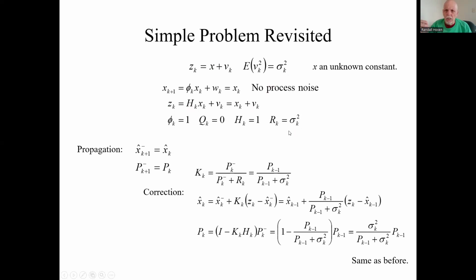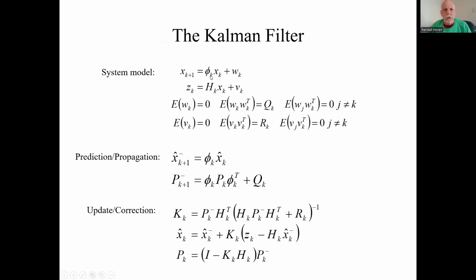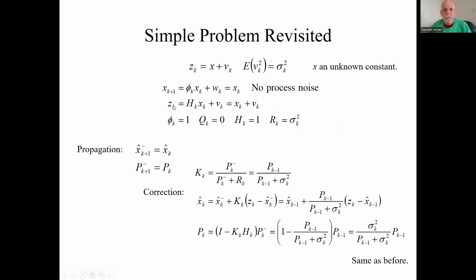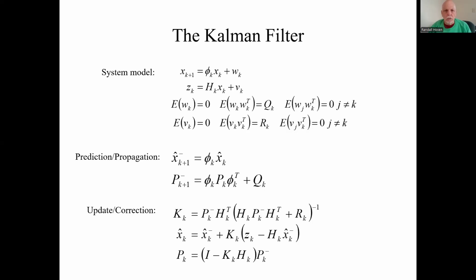We know all the key parameters of the Kalman filter. What do we need up here? Phi, H, Q, and R. We've got them. Now we can crank through these equations.